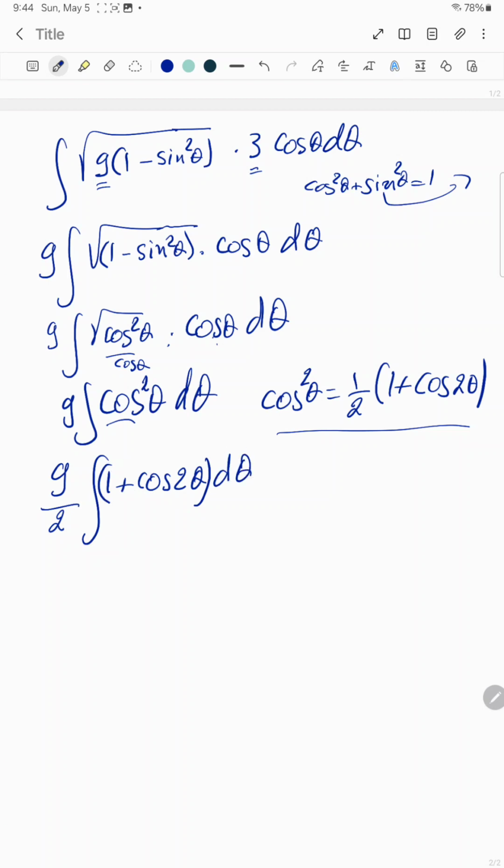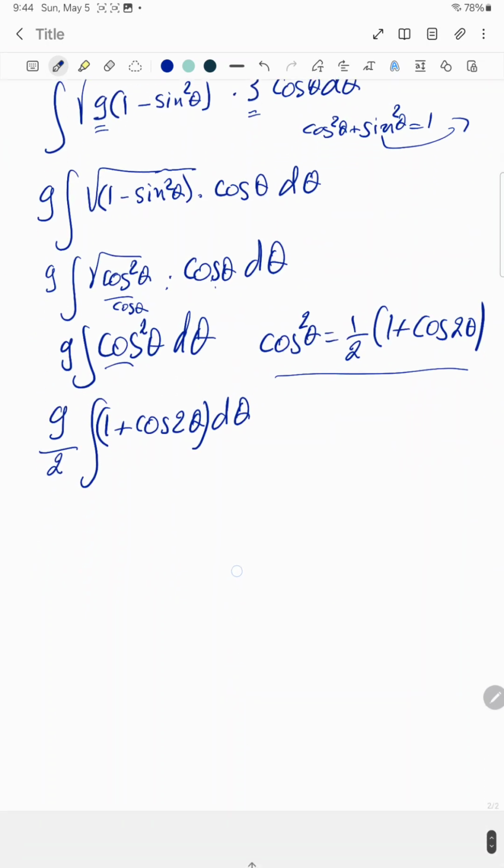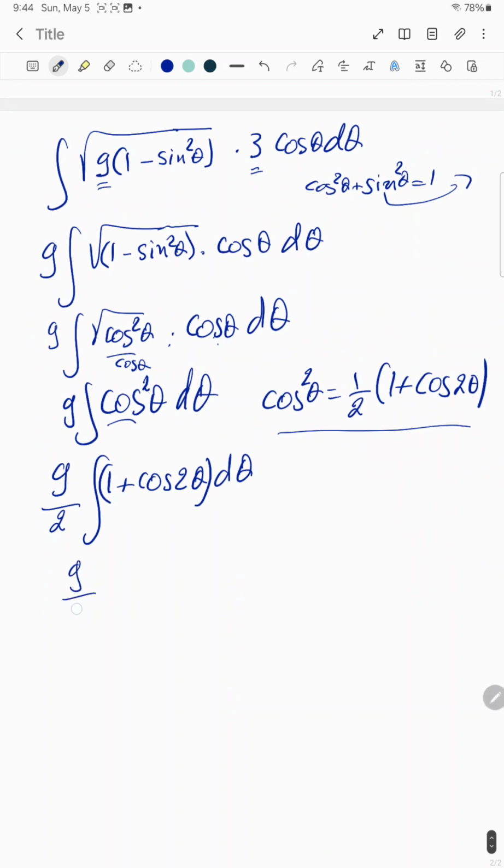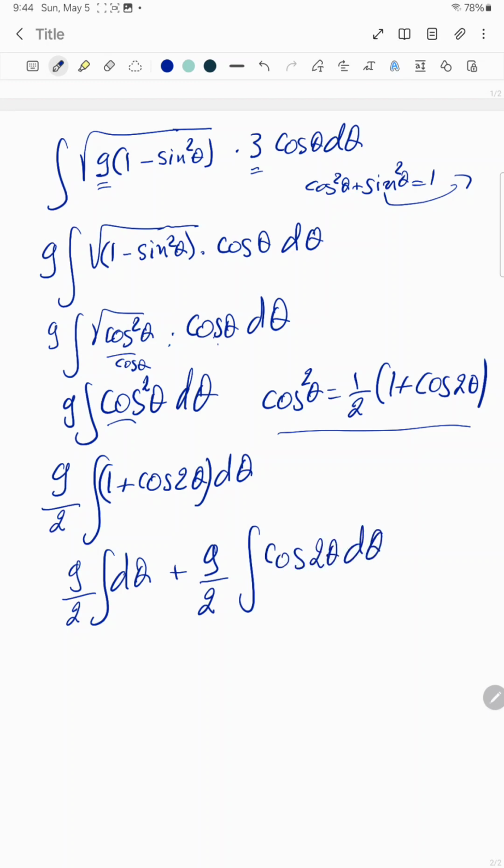Okay? So now I distribute, I can split it into two integrals. So it becomes 9 divided by 2 times the integral of d theta, plus 9 divided by 2 times the integral of cosine 2 theta d theta.